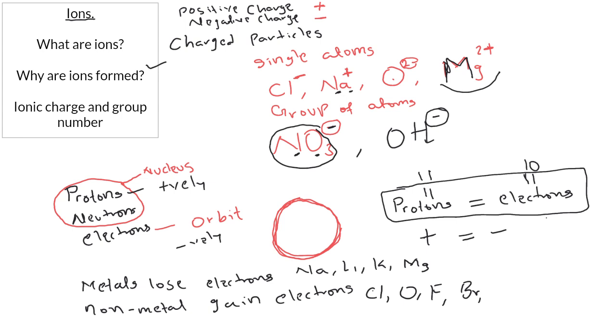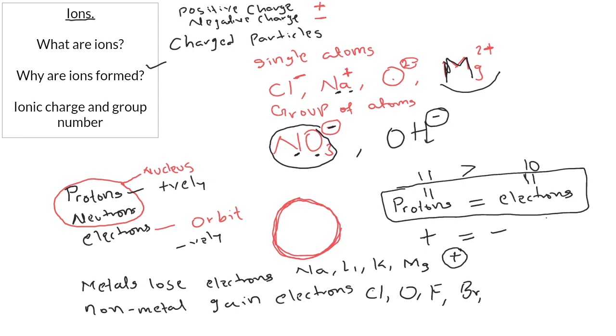So you see that it is no longer balanced. The number of protons is now greater than the number of electrons. Since the protons are more than the electrons by 1, the element will have a positive charge. This is why we say that when metals lose electrons, they become positively charged.